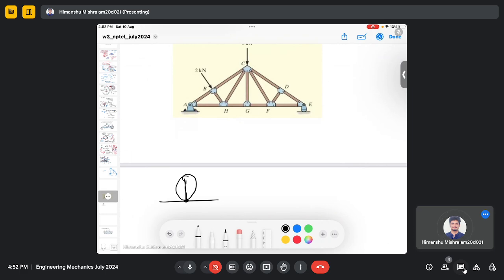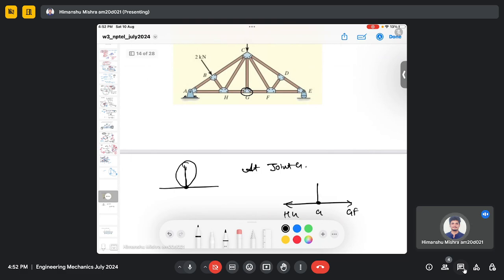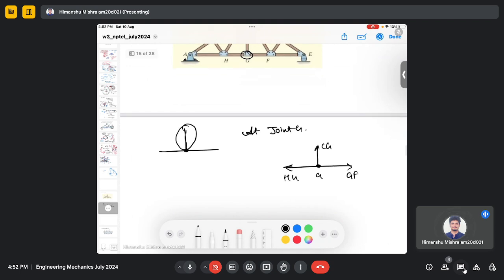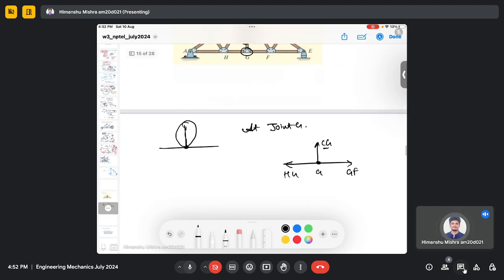So in this truss you can easily see that at joint G, this is our G, and let's say this is HG, and this is GF, and this is CG. So you can see that by inspection the force in this member CG is zero, and that you can actually find by using method of joints.